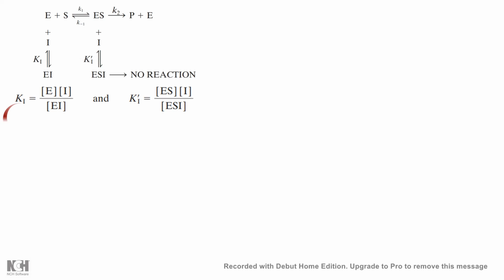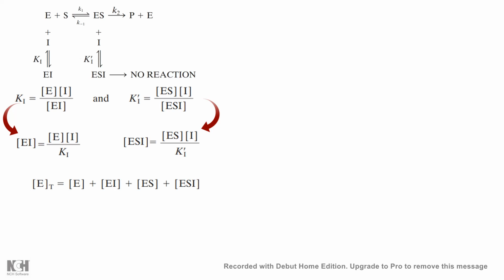From there we write it in a different format, like EI is E times the inhibitor concentration divided by the rate constant Ki. Same for the other, and in a moment it will be clear why we are writing it this way, as we will use this formulation later.